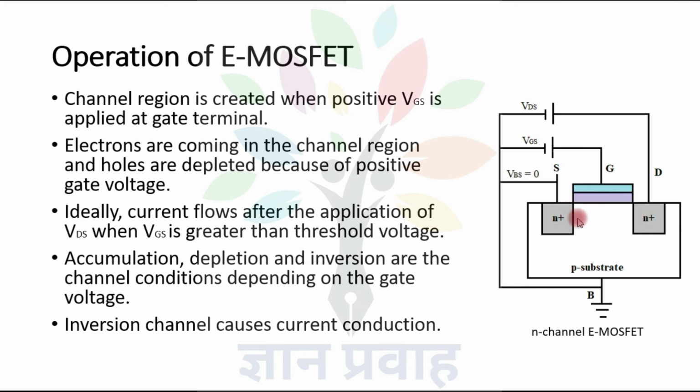Initially this channel region is p-type material, and due to the application of positive VGS voltage, the channel region is converted into n-type material and there is a current conduction. So current conduction is always present in the inversion region of this channel, and current conduction is not possible in the accumulation region and depletion region of this channel.